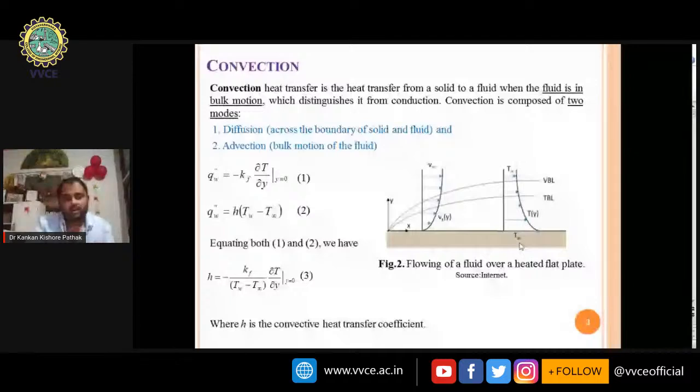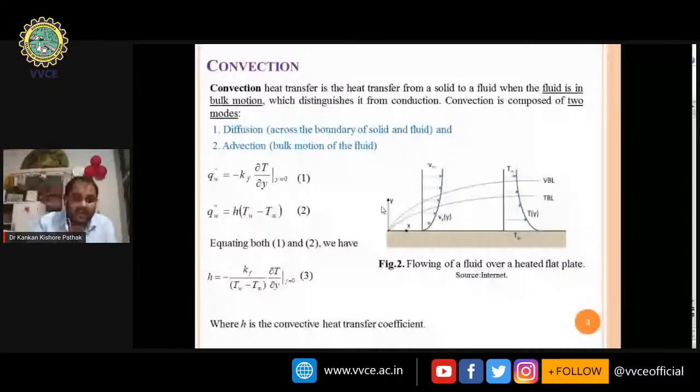Heat is conducted from the solid surface to the fluid, so from solid surface to fluid, we can apply this equation. Whenever it is conducted in this boundary, it is conducted to the fluid that is outside the boundary layer.